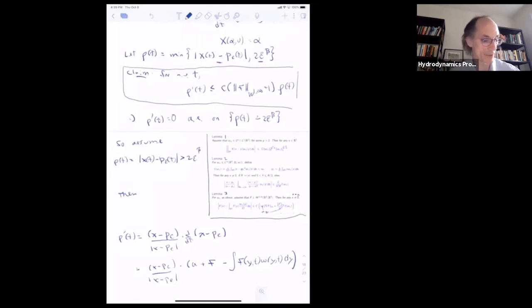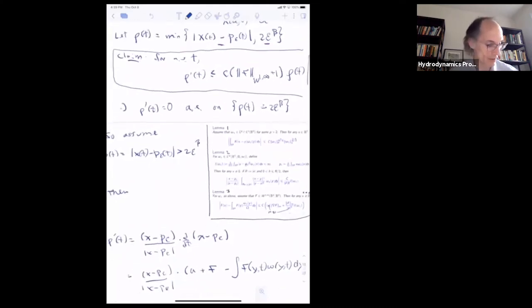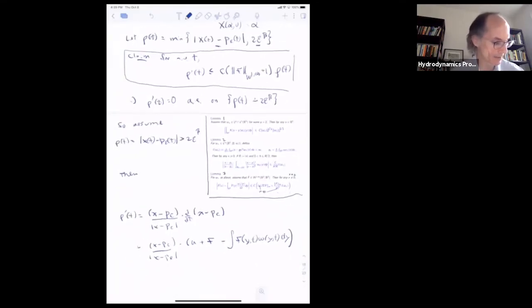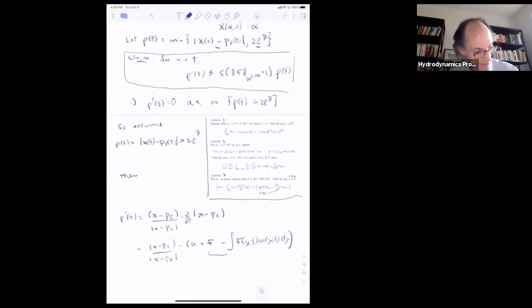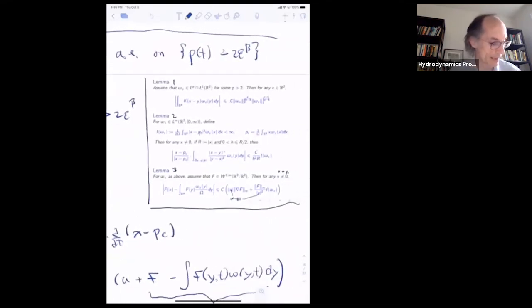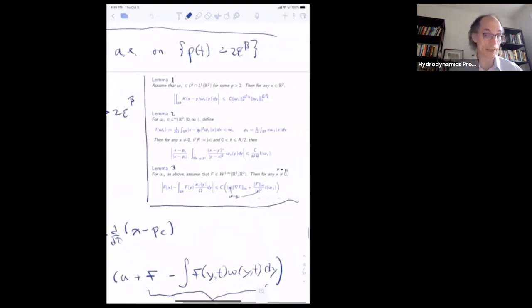And my 3 lemmas up here will help me do this. So first, let's do this piece, and let's just look at lemma 3. Lemma 3 immediately gives us a bound for this.